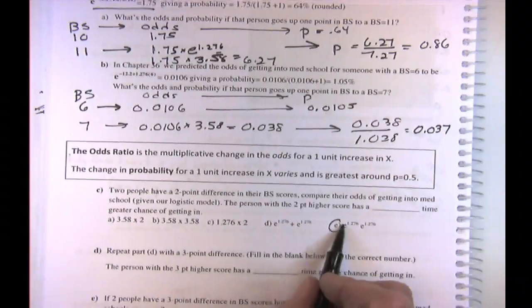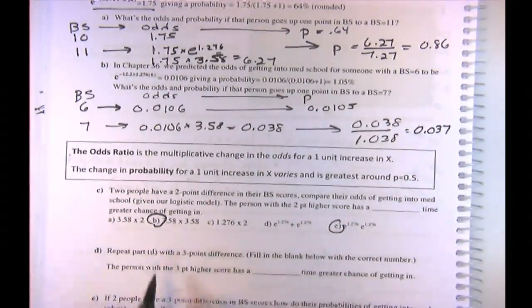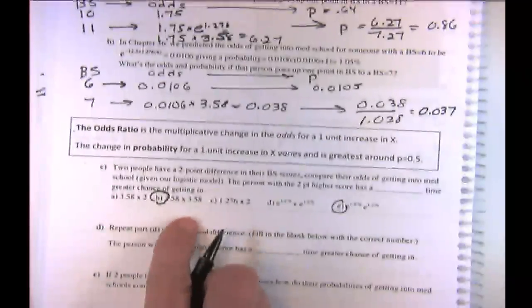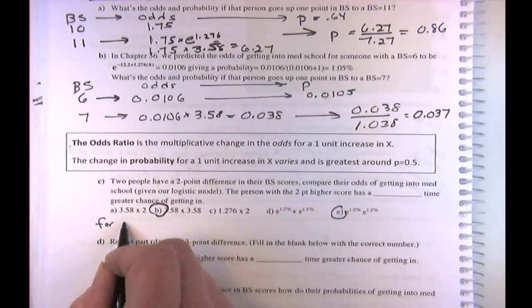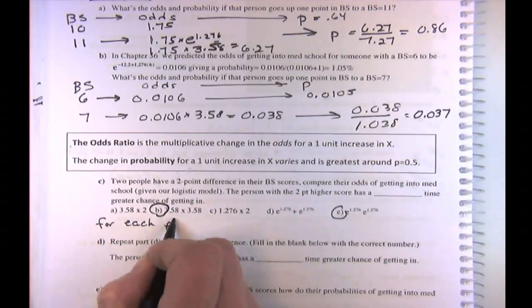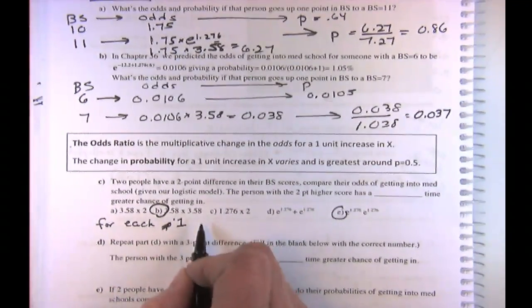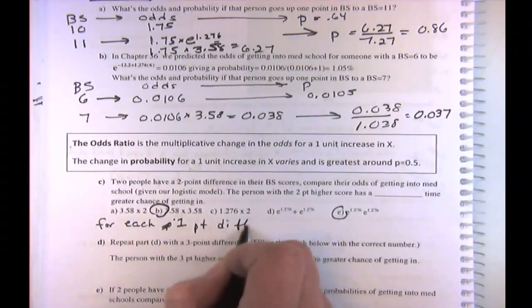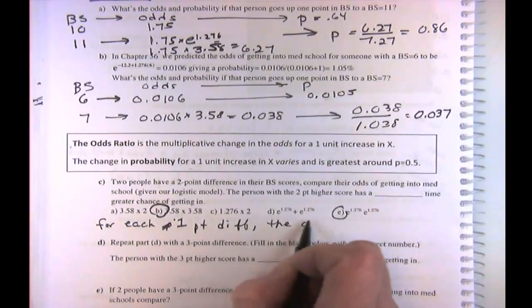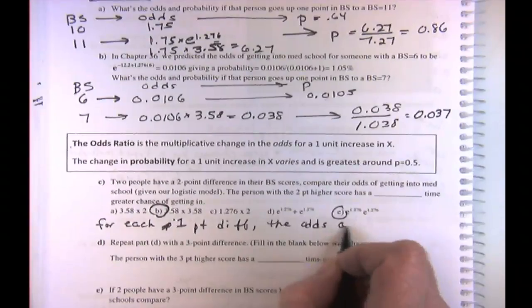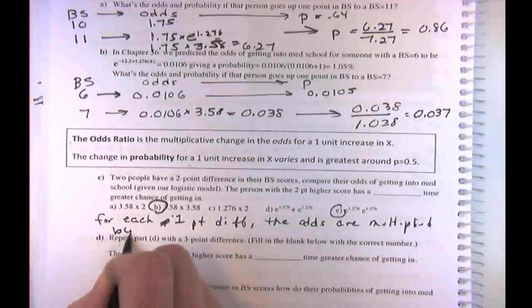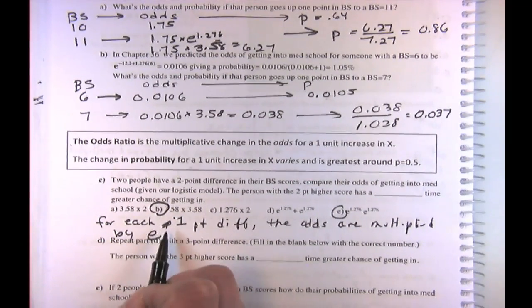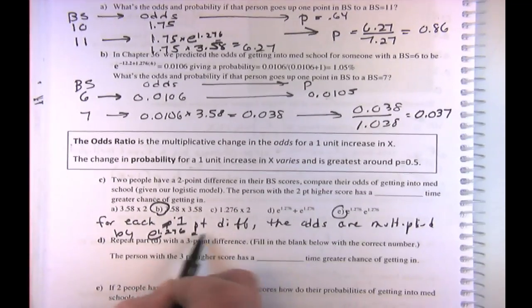So it's going to be this one, which is the same as that one, 3.58 times 3.58. Just for each point difference, the odds are multiplied by e to that slope that you get in your log odds equation for the variable, e to the 1.276.